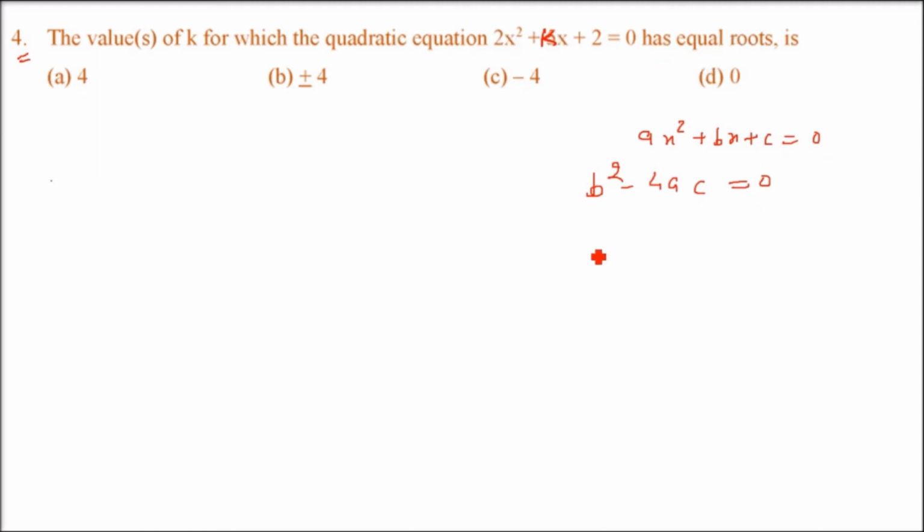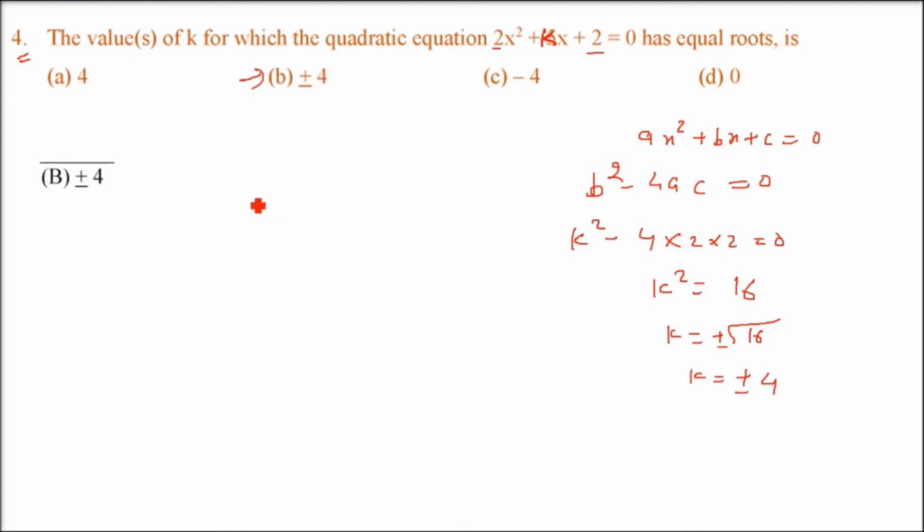So k square minus 4 into 2 into 2 is equal to 0. k square equals 16. So k will be equal to plus minus under root 16, k equals plus minus 4. So this is the answer, B.